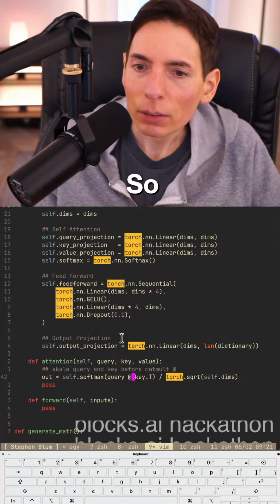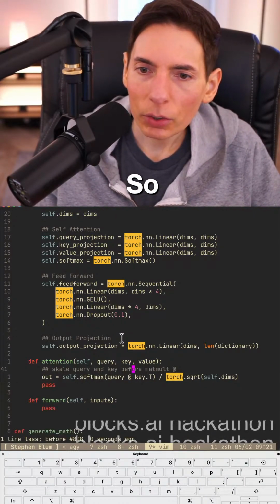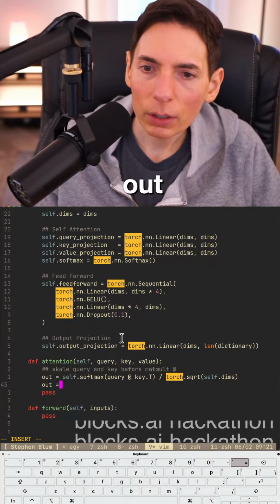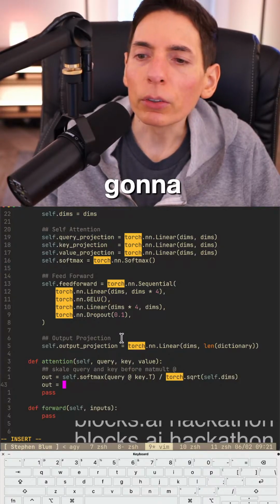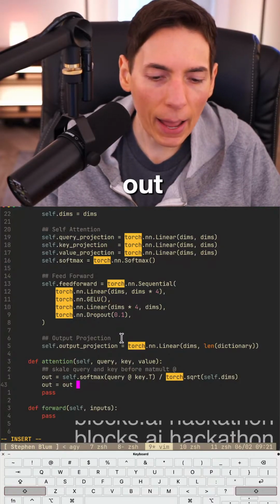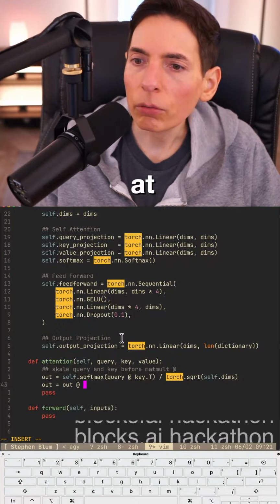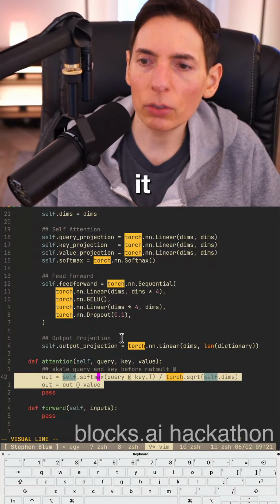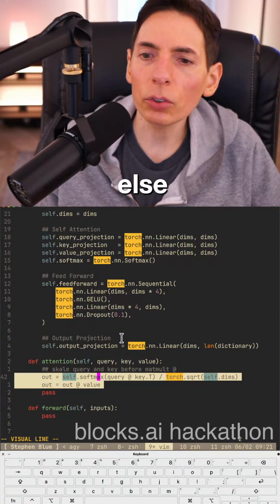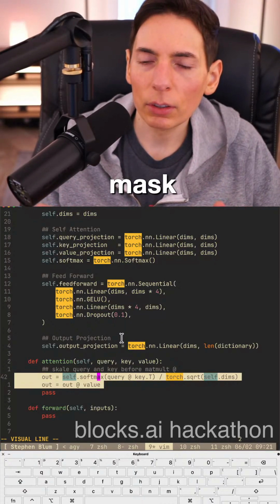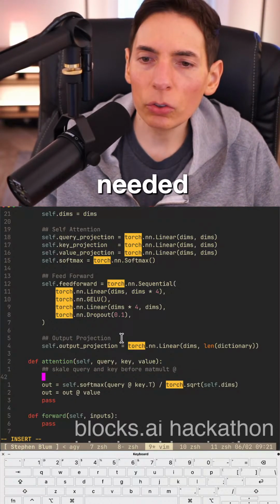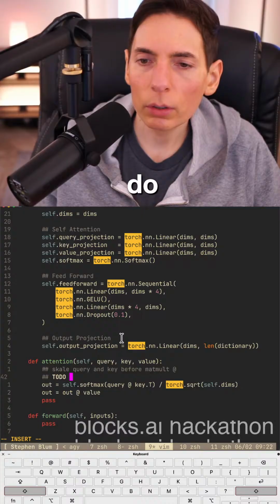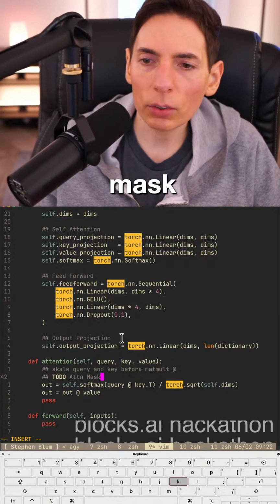So, out equals, we're going to say out at value, like that. I think this is it, right? Is there anything else? Obviously, we're missing a mask. We haven't done that yet, so we need to do that. To do: attention mask.